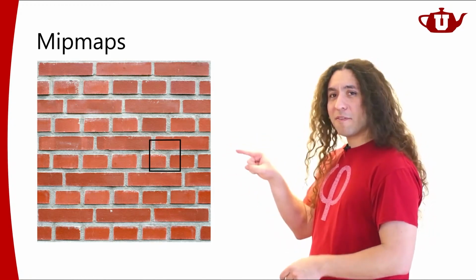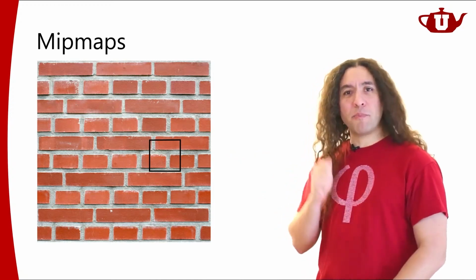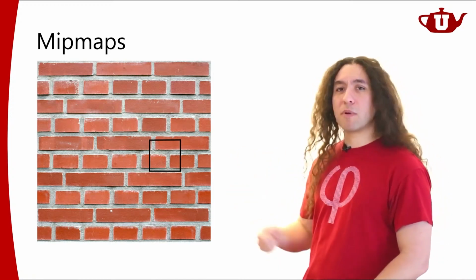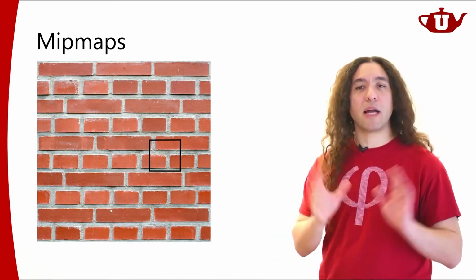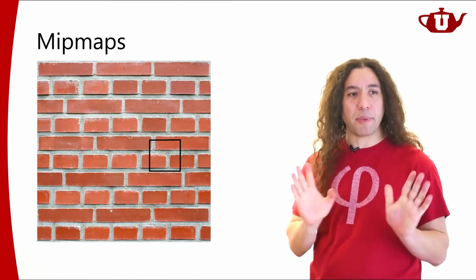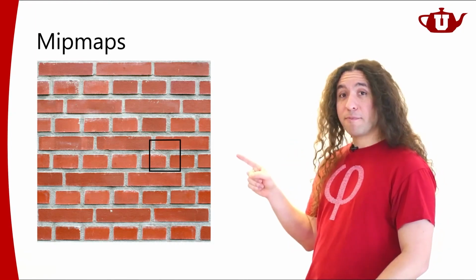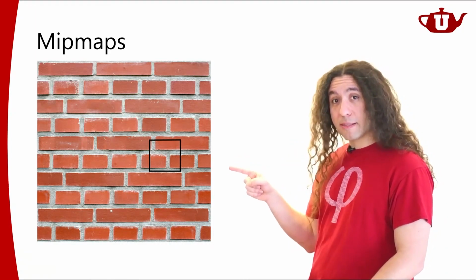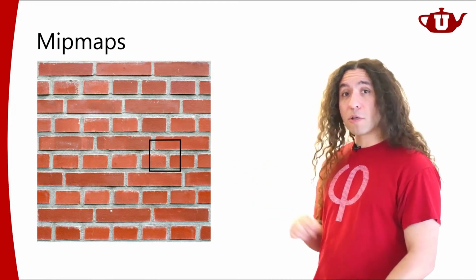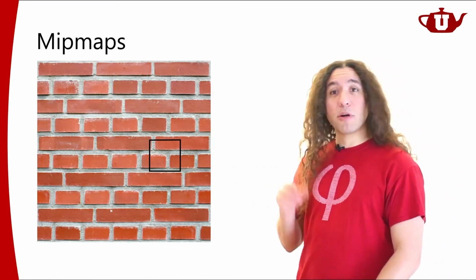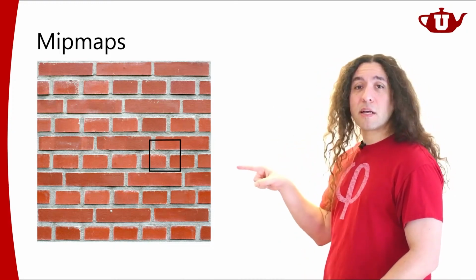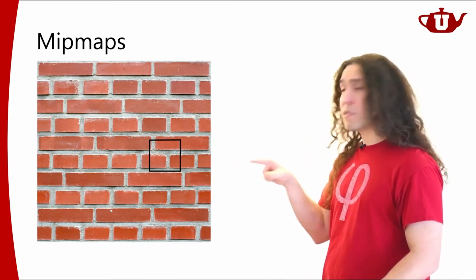So if this is also the size of a texel, things are going to be perfect. My bilinear filtering will give me just the right result that I want. Everything will be fine. I'm going to be happy. But if my texels are smaller than this, then I'm going to be in trouble. So I'm going to look at my mipmap levels, and pick the level that is closest to this size.